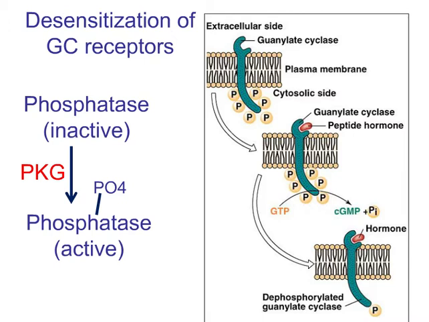Phosphorylation of the phosphatase activates it, and it will dephosphorylate the cytosolic domain of the guanylate cyclase receptor. This inactivates the guanylate cyclase activity of the receptor, and the production of cyclic GMP stops, even in the presence of continued binding of the receptor by its ligand.